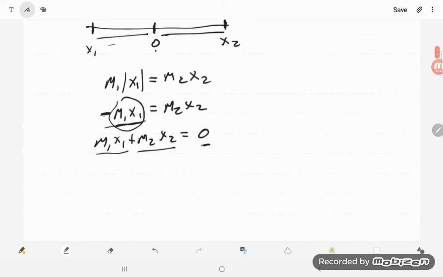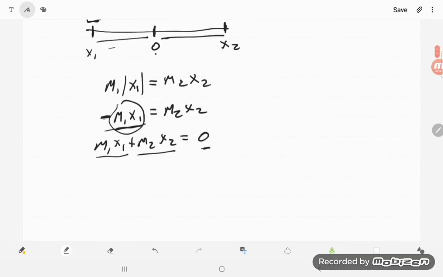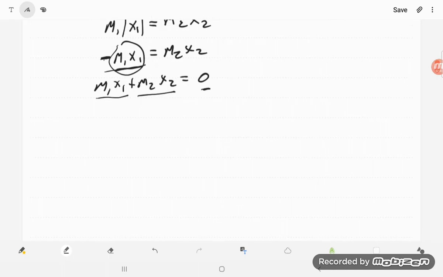Okay. Well, let's move things, and now let's have some general x1. For now, let's call the balance point x bar. I was going to call it xb for the balance point, but let's call it x bar. And here is x2. And these are just somewhere on the number line. And I have m1 and I have m2.